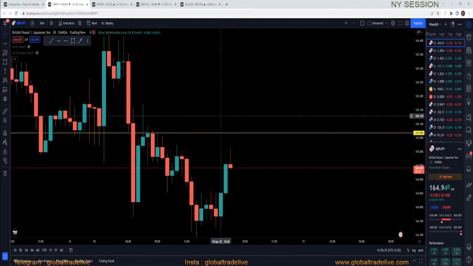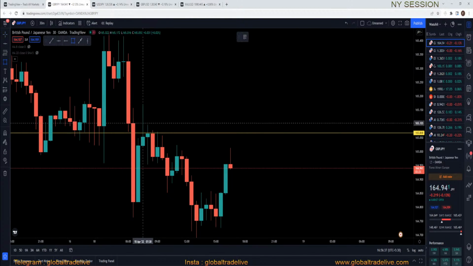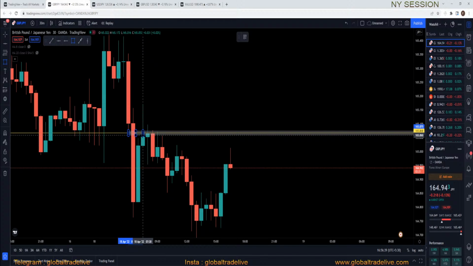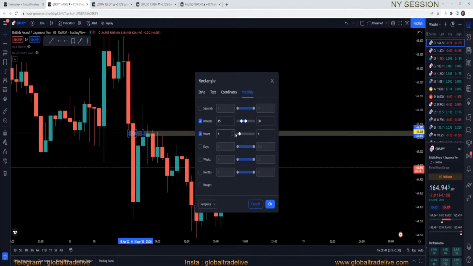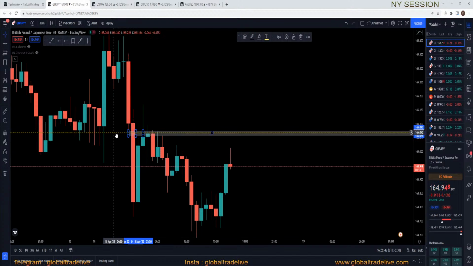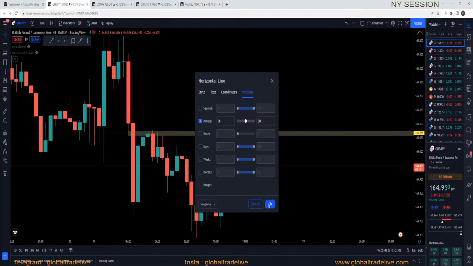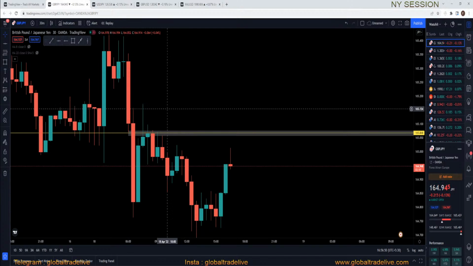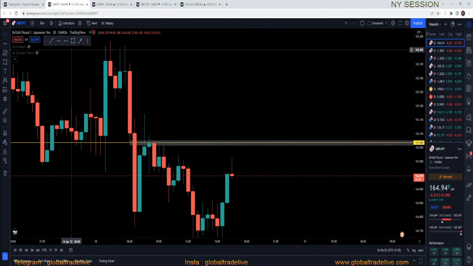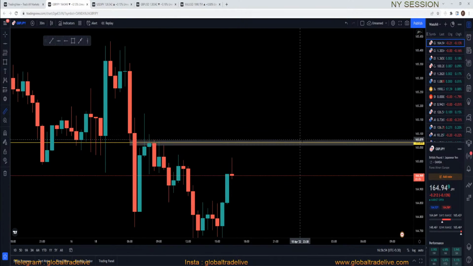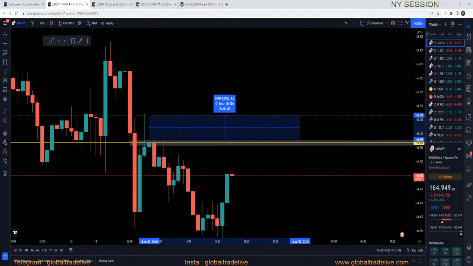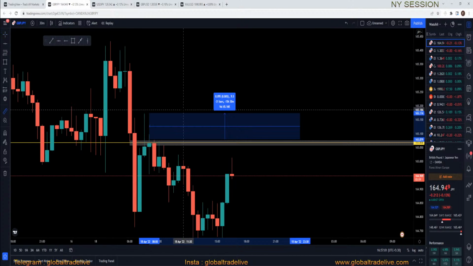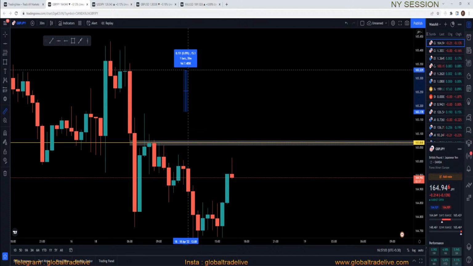So the reason is this area over here. If I mark this area of resistance over here, and if I look to the clean range, then above this area we have a wick fill of around 9.5 pips, and above that wick we have clean candles for about 15 pips.